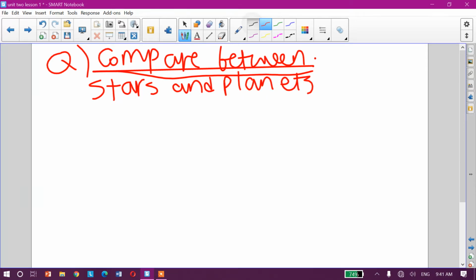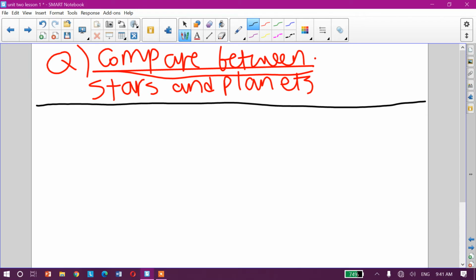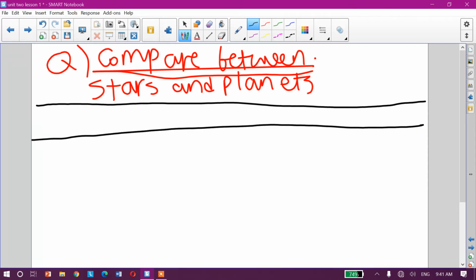All right, when we want to compare between two things, we always must make a table of comparison. This table contains spaces or columns. You will compare between two things, stars and the planets. So you need two spaces? No, you will need 3 columns or 3 spaces.